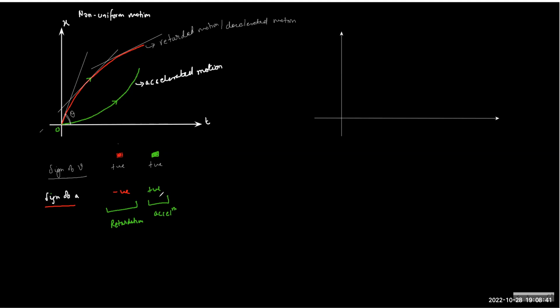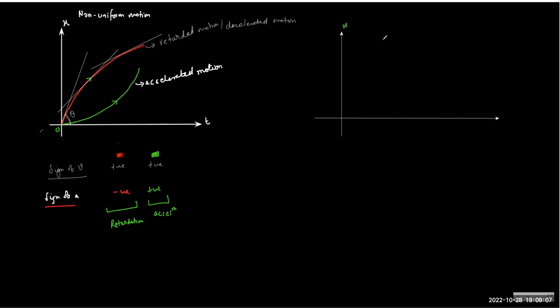If both are negative, it is accelerated. If both are positive, it is accelerated. If one is positive and the other is negative, it is retarded because they are opposing each other. Only when acceleration and velocity are opposite to each other do we call it retardation. It is clear, guys? Yes, sir.